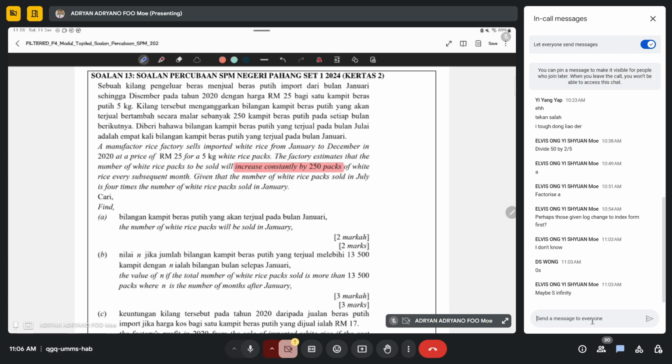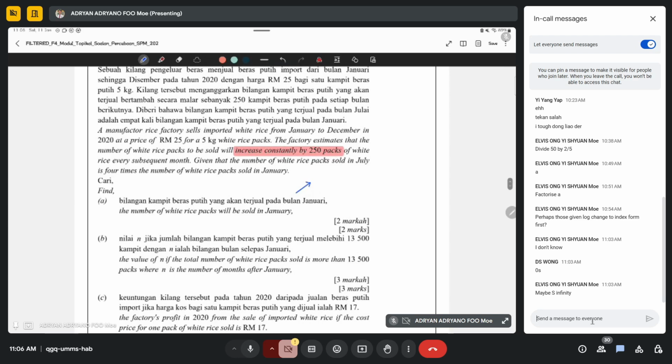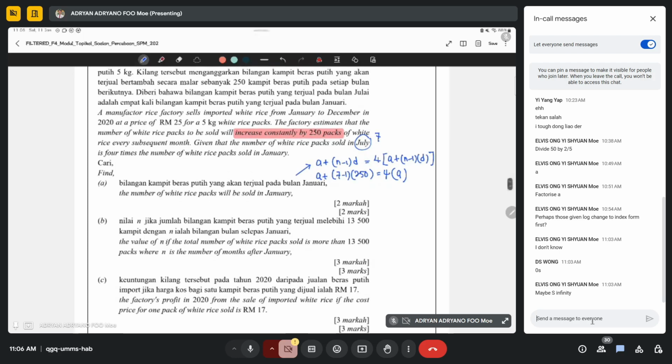So basically the number of white rice，July 是7月对吗？So A 加 N 减 E D 等于 4A. 怎么会拿到 4A? 因为这个7减1嘛，然后250。因为 January 是1月，所以1减1等于0，0乘 D 是 0，所以你只留下 4A 啊。所以有时候还会叫你来玩一点它的那个 values.